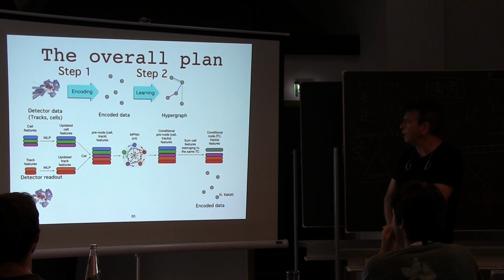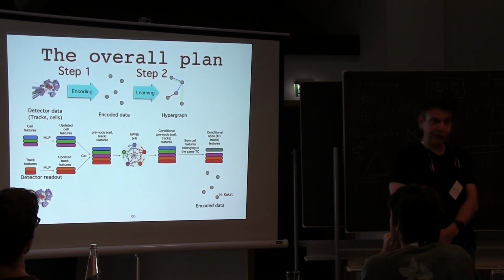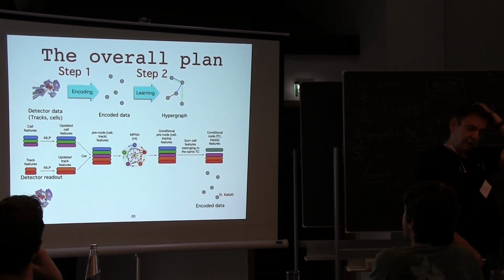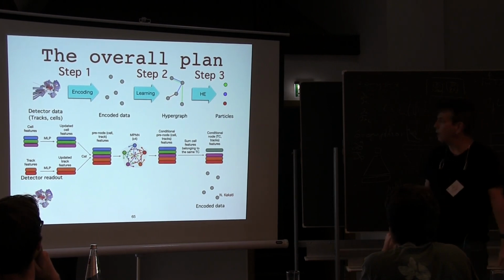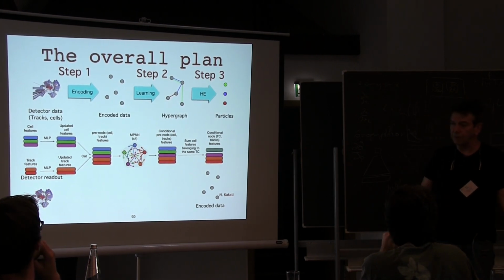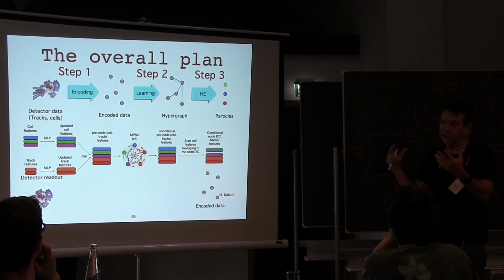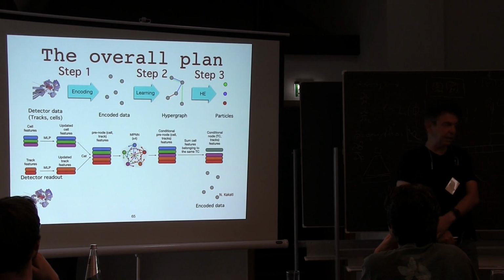Second stage would be to learn the incidence matrix or to learn the hypergraph. Last stage will be to look at the hyper edges, because the hyper edges are my particles, to regress their properties and classify. Is this clear?